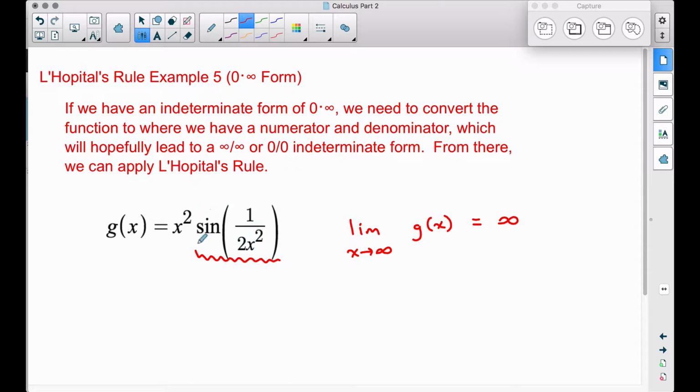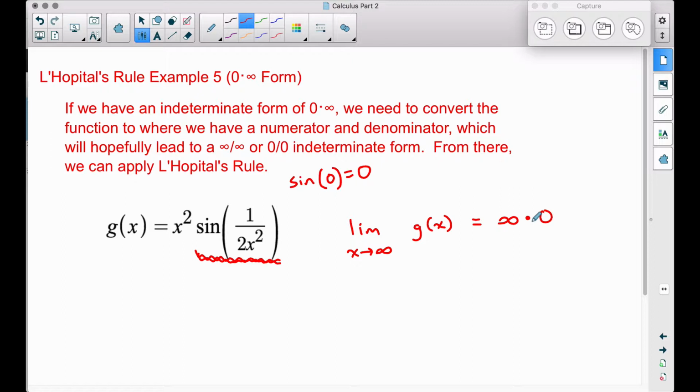So we can think of this sine of 1 over 2x squared as pretty much the sine of 0, because 1 over a really big number gets really close to 0, and the sine of 0 is 0. Therefore, for that second piece, we are taking x squared times this thing. That's going to be infinity times 0.